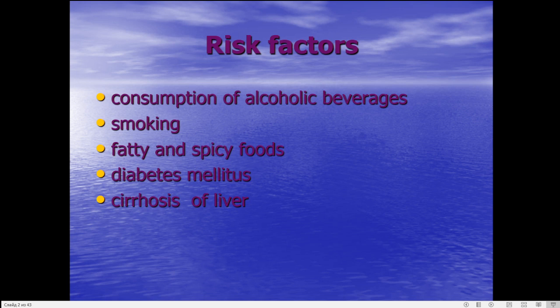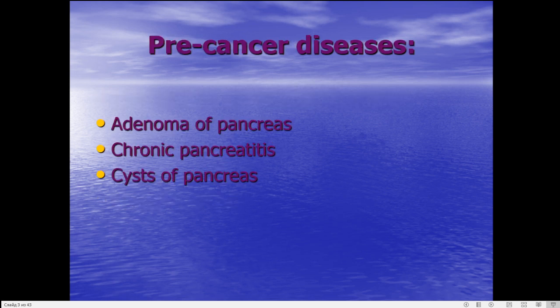First is consumption of alcoholic beverages, smoking, fatty and spicy foods, diabetes mellitus, cirrhosis of liver. Precancer diseases of pancreas: the first is adenoma of pancreas, chronic pancreatitis, and cysts of pancreas.